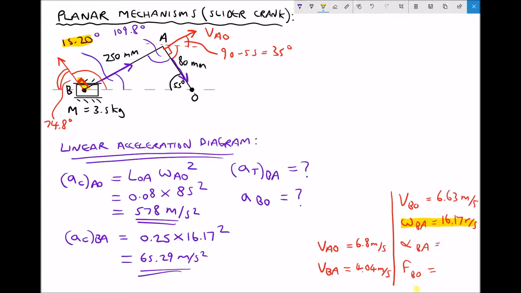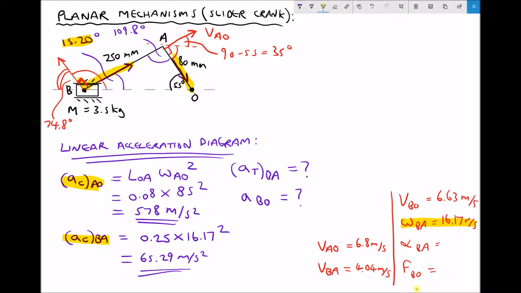However, what we do know is the direction of the centripetal acceleration of A relative to O, because we know it acts towards the centre or towards the origin from A. We also know the magnitude of the centripetal acceleration of B relative to A, and we also know its direction because it acts in the same direction as the linkage from B to A, back towards the centre.